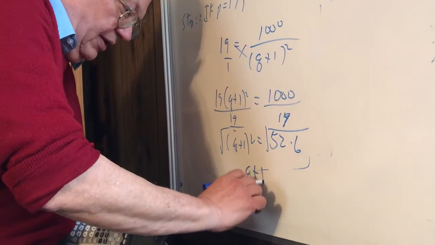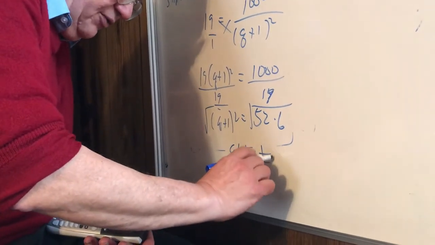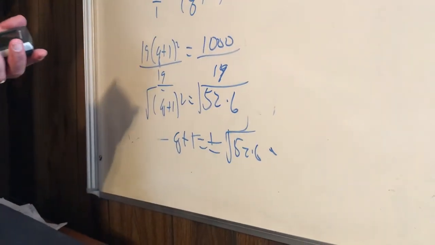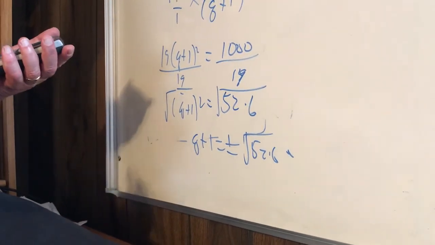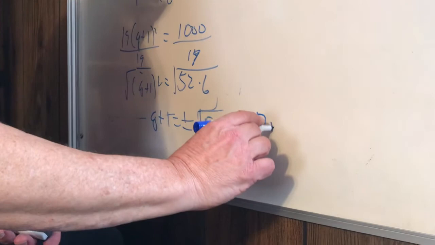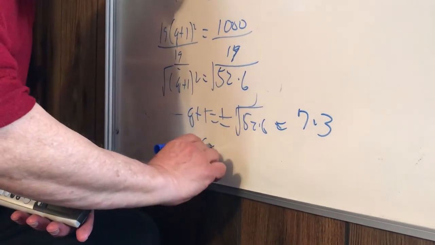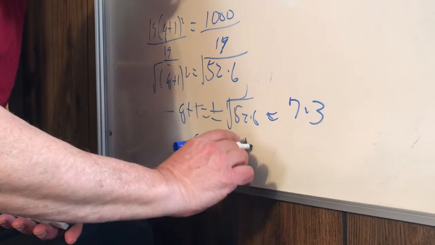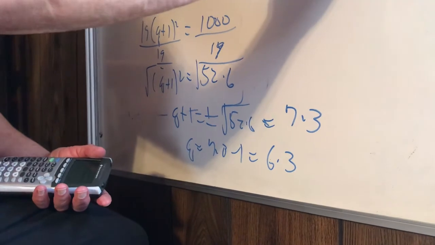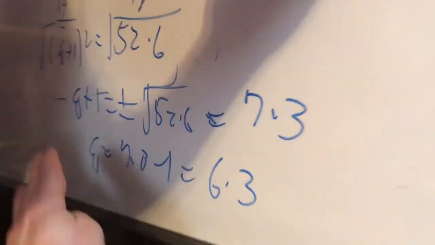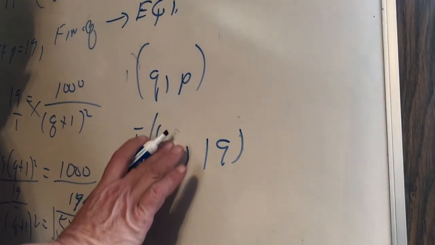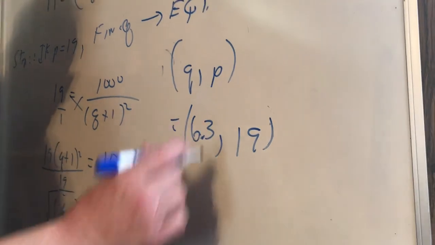So Q plus 1 equals plus or minus the square root of 52.6. The square root of 52.6 is 7.3, but you're just going to take the positive one. So Q equals 7.3 minus 1, or 6.3. So what we have here, Q and P equals 6.3 and 19. And we will finish the problem when we come back the next class.